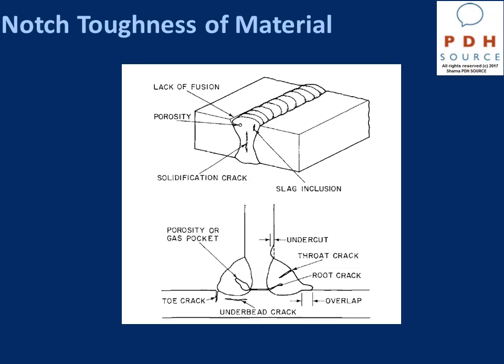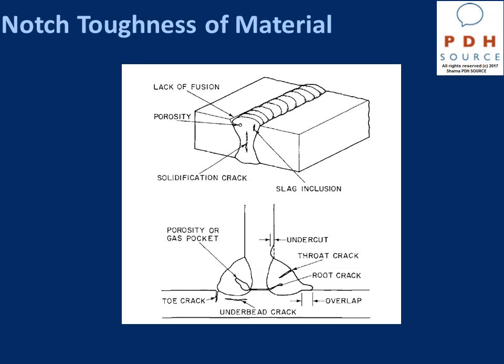Now, notch toughness is another property of the material, which is very significant while we are using the principles of fracture mechanics. In fact, it is very difficult to fabricate large welded structures without introducing some kind of imperfection in the form of a notch or flaw or discontinuity.